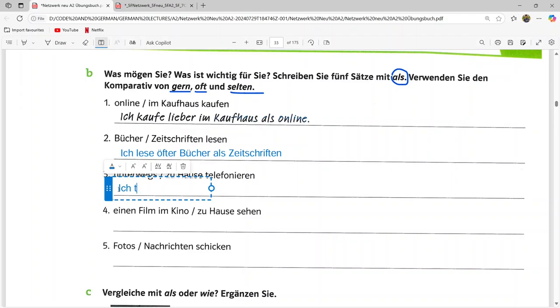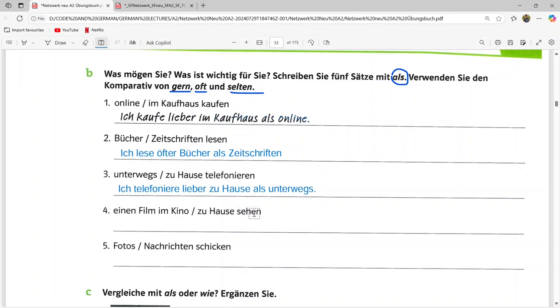So ich telefoniere lieber, so this gern will become lieber, zu Hause als unterwegs. So I like to make phone calls in the house more than on the way.